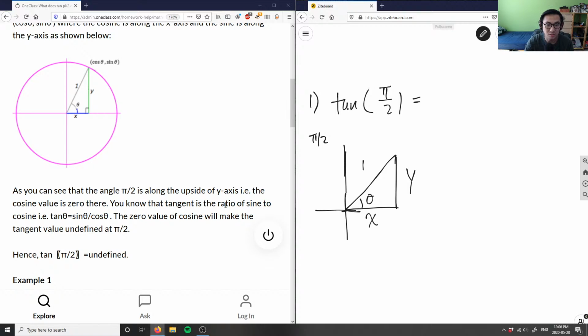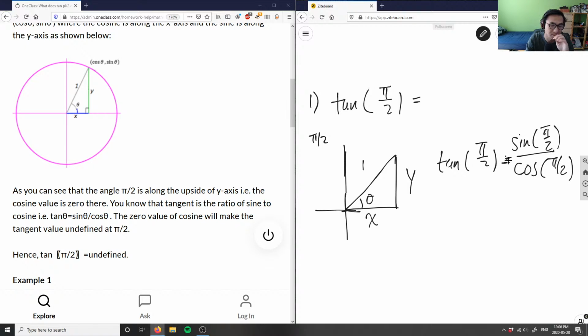You know that tangent is the ratio of sine to cosine, so tangent pi over 2 is simply sine pi over 2 divided by cosine pi over 2. This is a simple quotient identity that we should know by now.